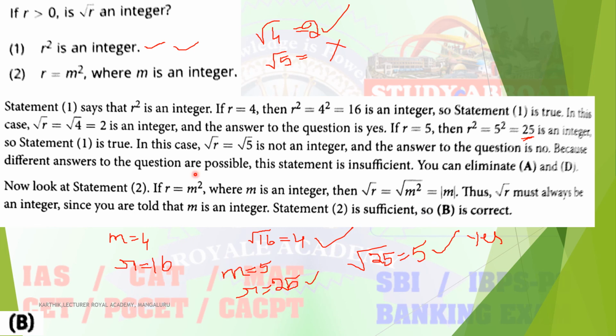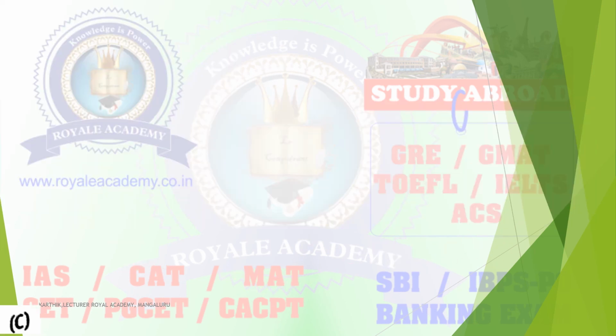Then I take m is equal to 5, so r is equal to m square, 5 square is 25. That satisfies the condition. Then the square root of 25 is 5, so here also the answer is yes. Same answer, yes, yes, in both cases. So option B is correct.